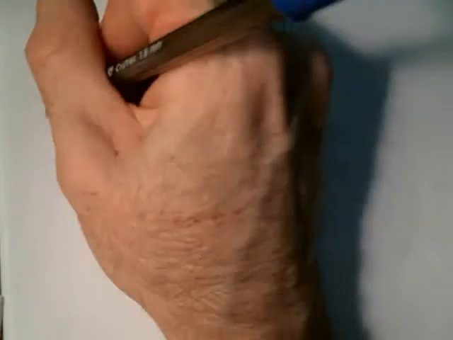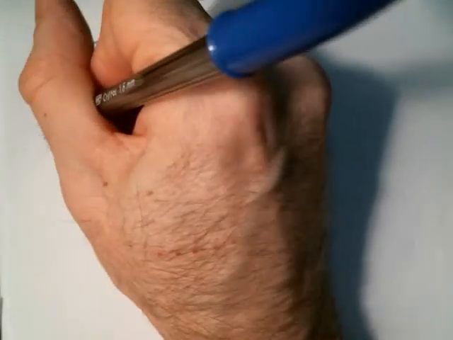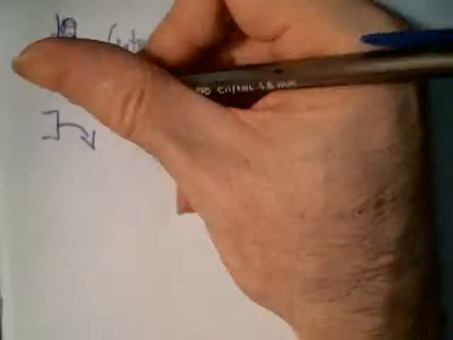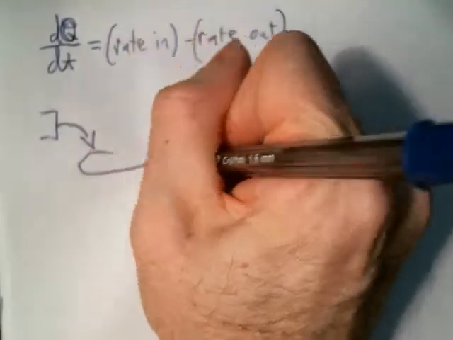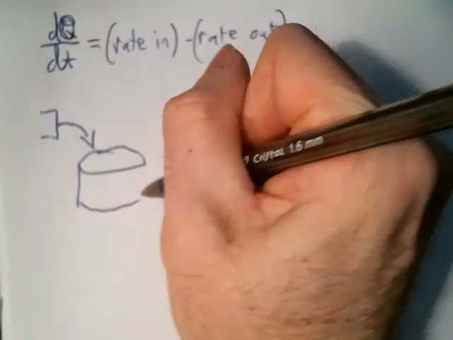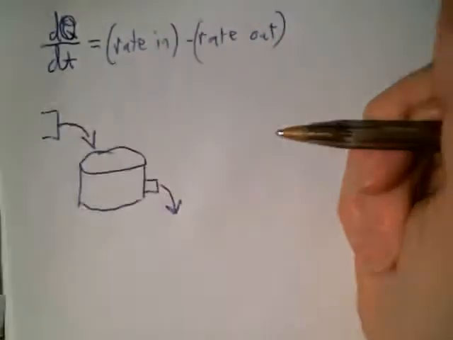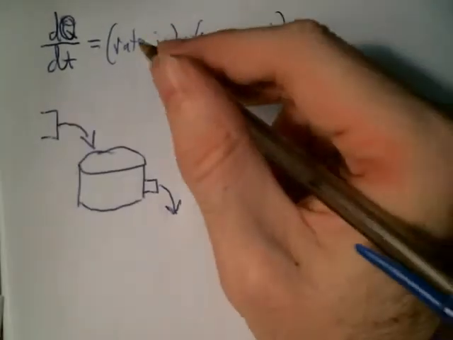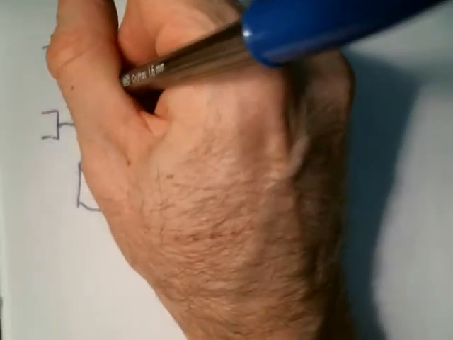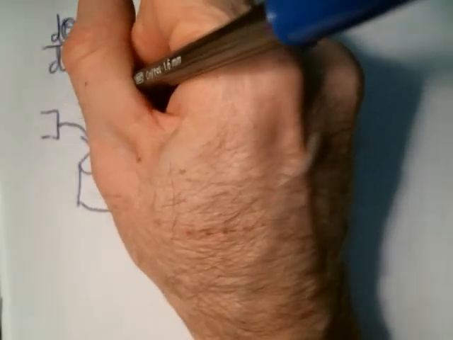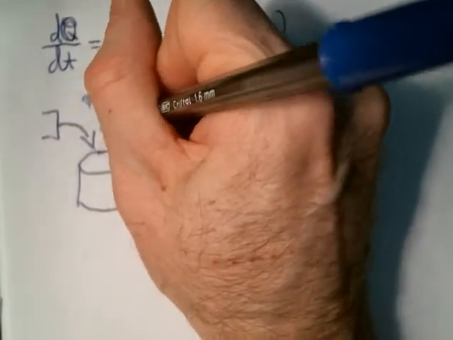So again, the picture that we have is some fluid coming into a tank, and then there's another pipe with stuff coming out of it. The rate in we kind of know, because they're giving you this Q1 and R1.